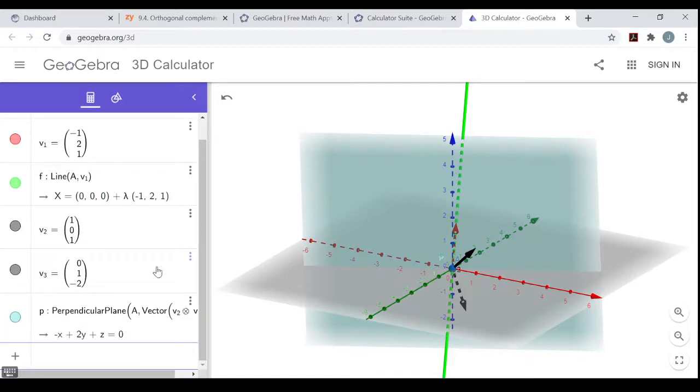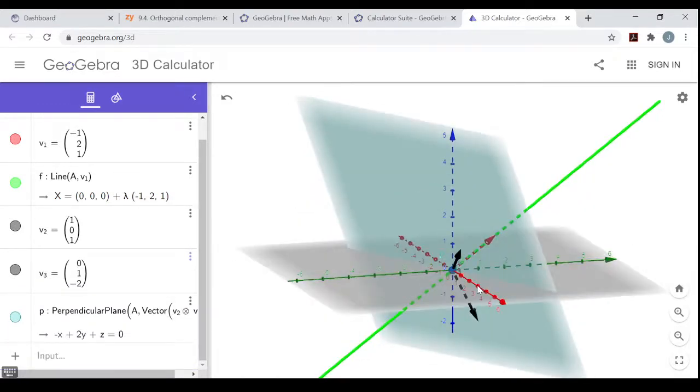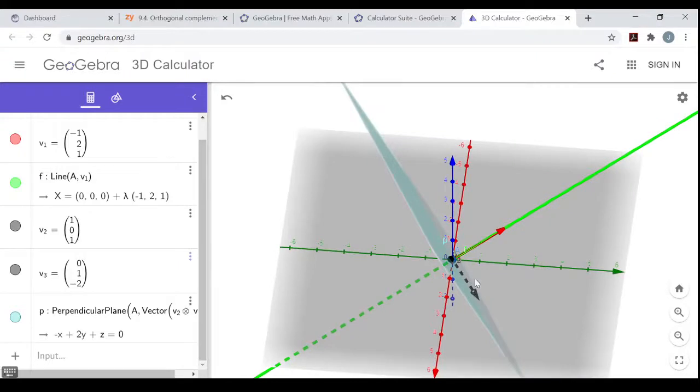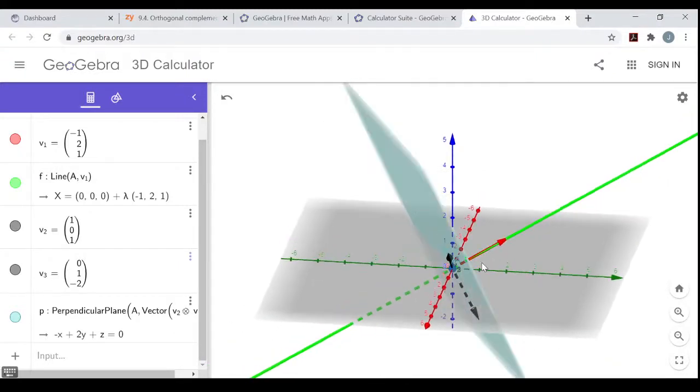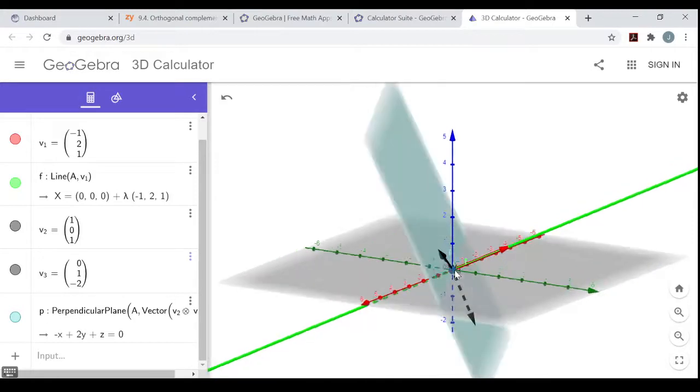Okay, this plane here, right? You see those 2 black vectors are spanning this sheet, this blue sheet on the screen.